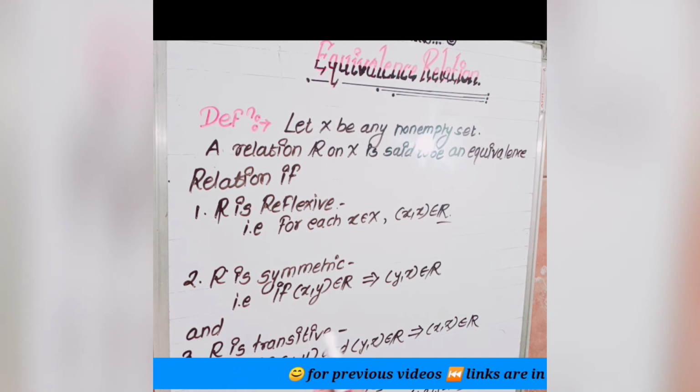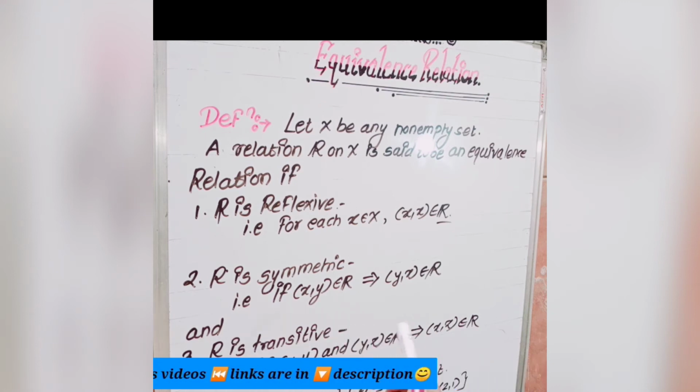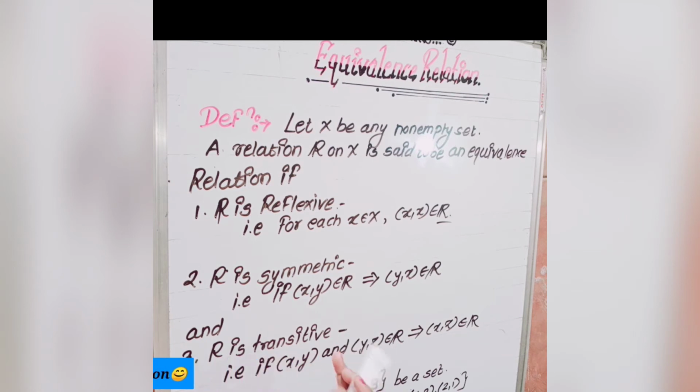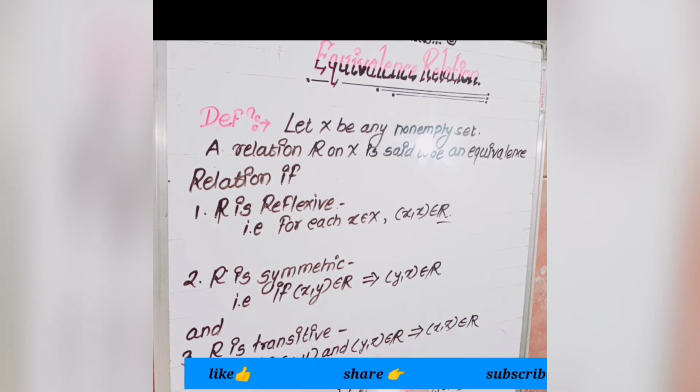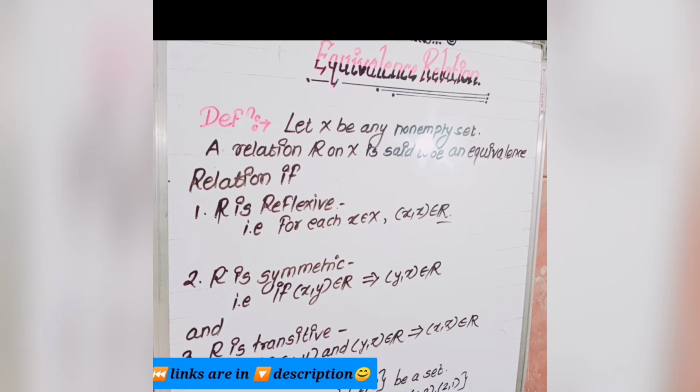That is, if (x, y) belongs to the relation R, then the ordered pair (y, x) also belongs to that relation R. That means y is related to x.